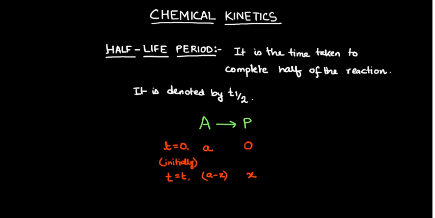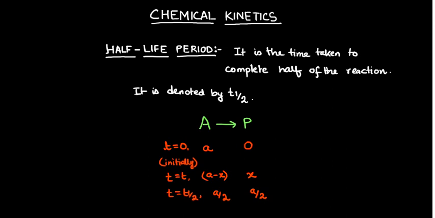Now if we consider a certain time t equal to t half, that means the half-life period, only half of the concentration of the reactant has been converted to product and half of it is remaining. So if the initial concentration is A, the product concentration is A by 2 and the remaining reactant is also A by 2. So 50% of the reaction is complete. That means it is the half-life period.